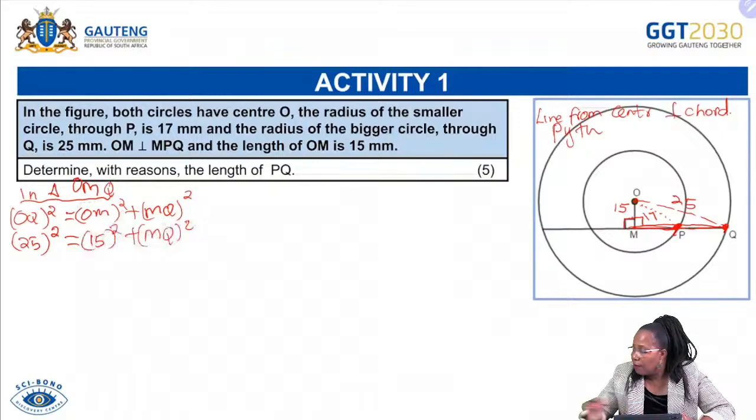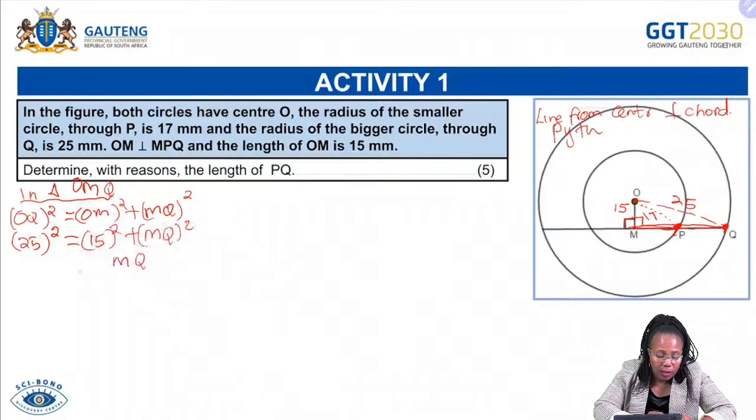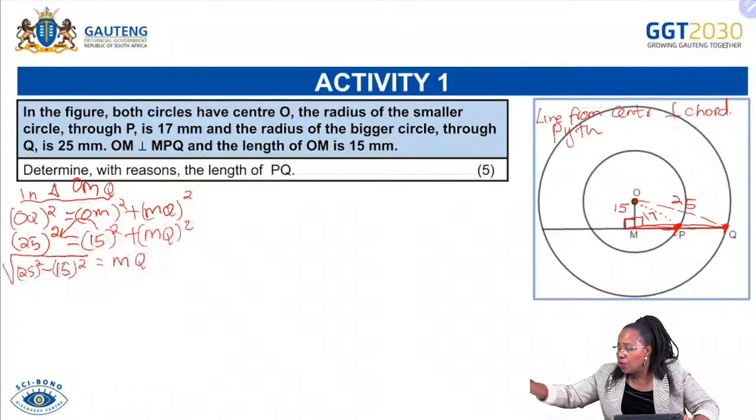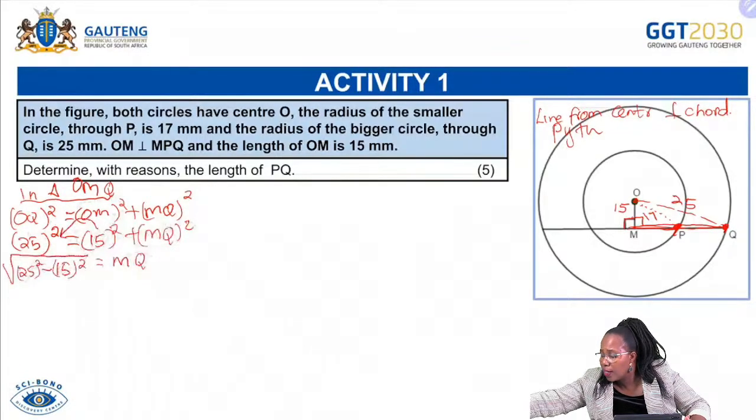And then MQ loses its exponent on this side, and if it loses the exponent, the other side will gain a square root. So we are having 25 squared minus 15 squared. And then you can put that into your calculator, grade 12, straight to the answer.